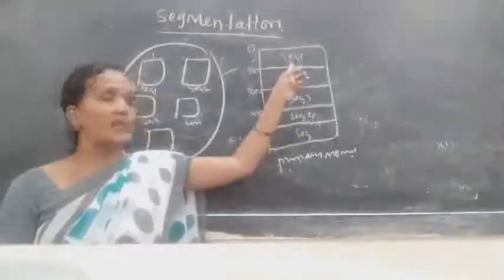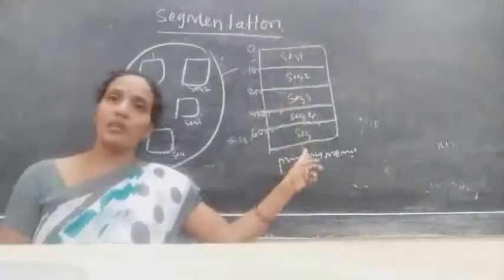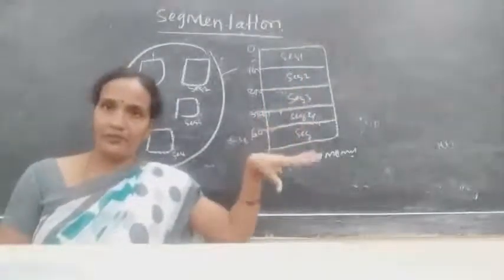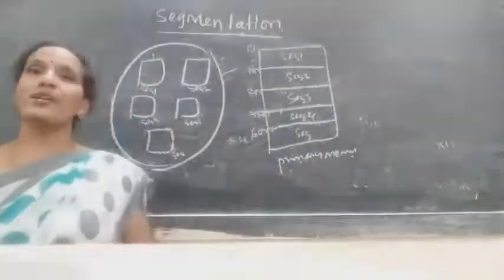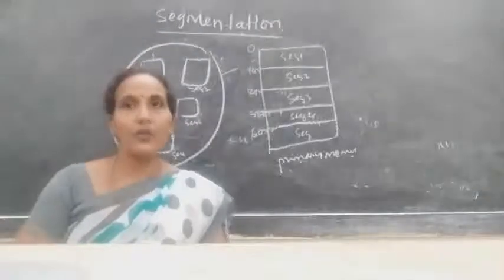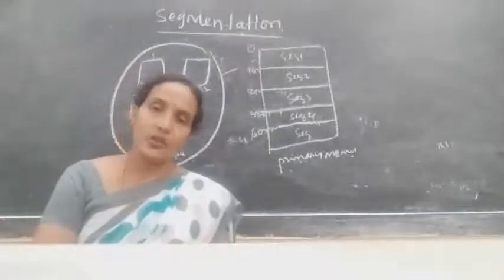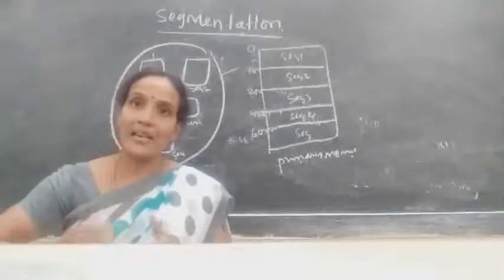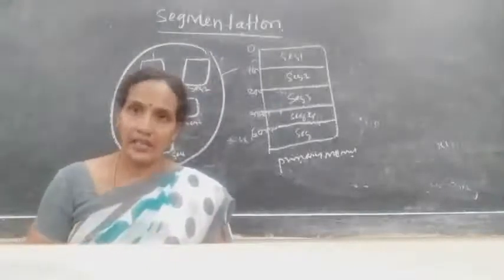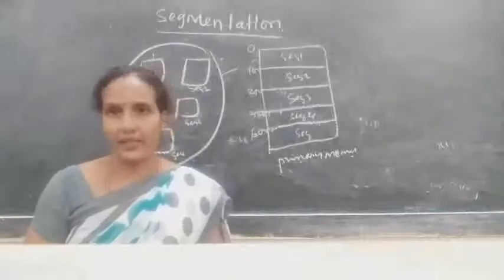Here it may be segment 1, segment 3, segment 2, segment 1. You can shuffle. There is no condition that all the segments should be of the same size and contiguous. Here the segments are of variable size and non-contiguous.